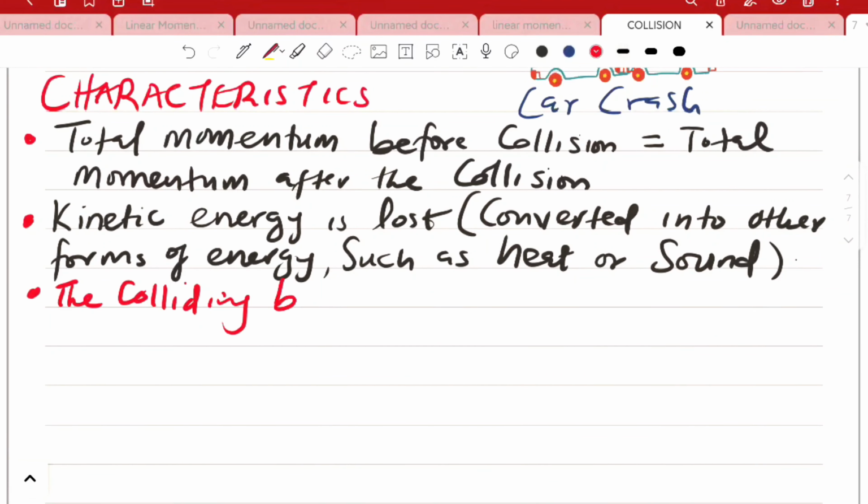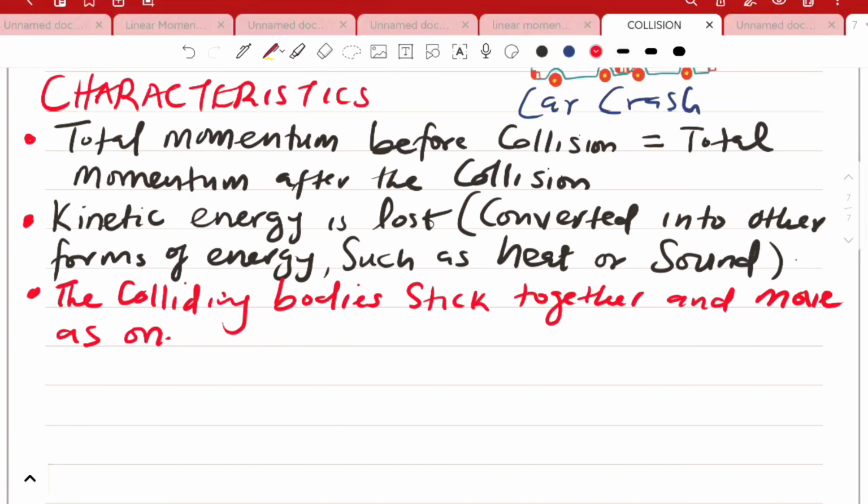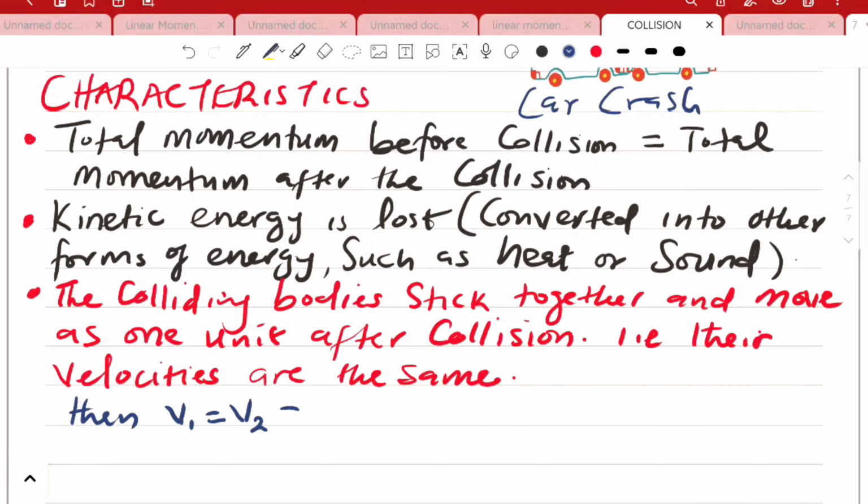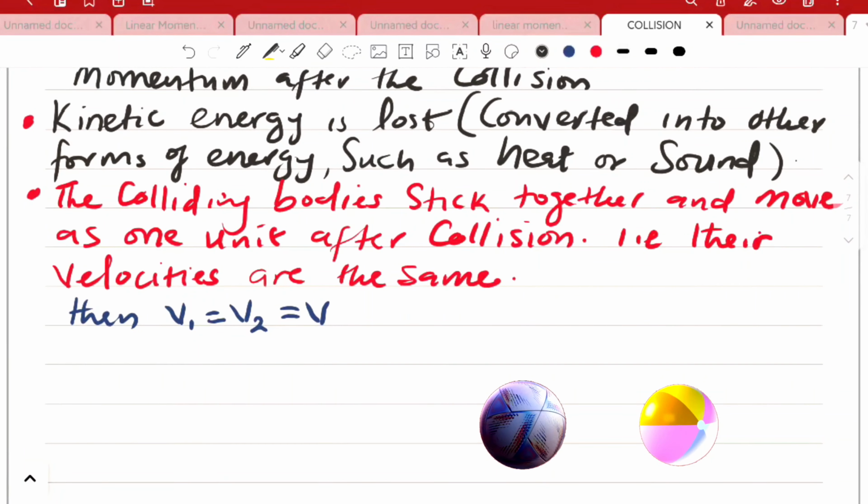Please note that the colliding bodies stick together and move as one unit after collision. That is, their velocities are the same after collision. So V1 will equal V2 and is equal to V3, which is equal to V if you have up to 3 objects.